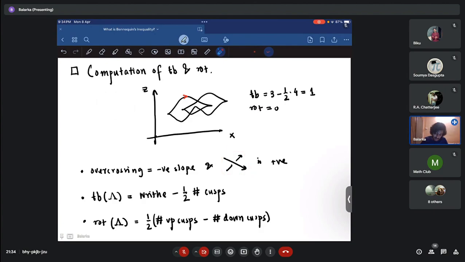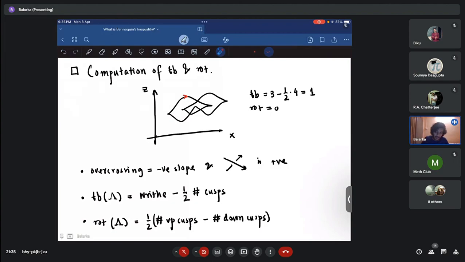Put your right thumb over this strand, pointing in the same direction as the direction marked here, and then fold your right palm and see which way it folds. In this case, we see that it folds this way, which means that this is a positive crossing. That's the positive crossing. You say that's positive.